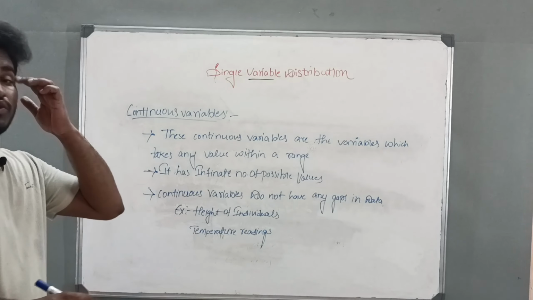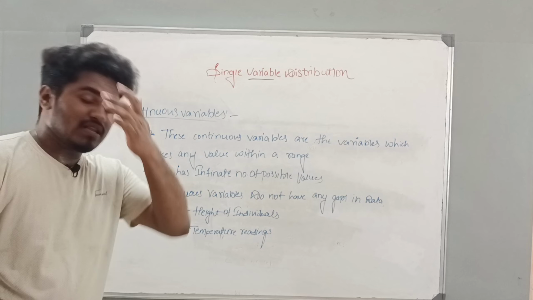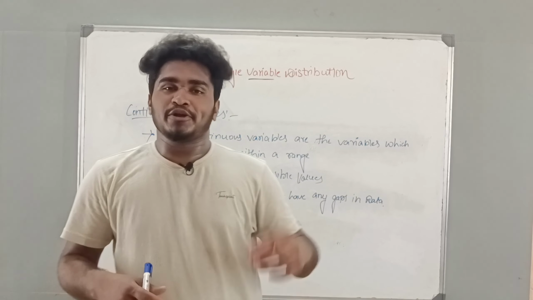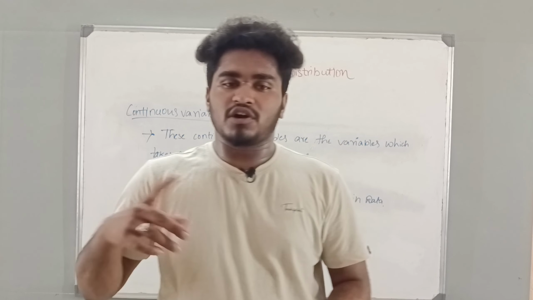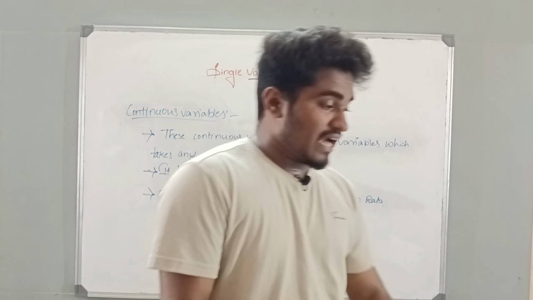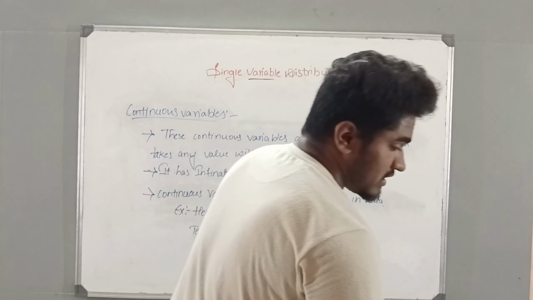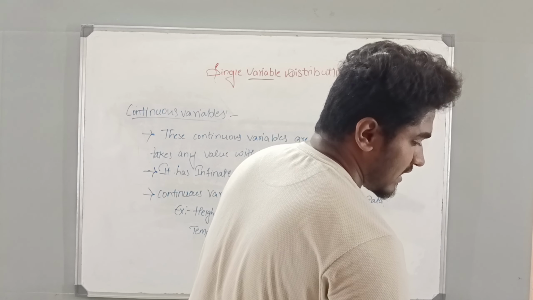These are two examples of continuous variables. Then we'll discuss the random variable, and what the discrete random variable and the continuous random variables are. Now we'll discuss the random variable.